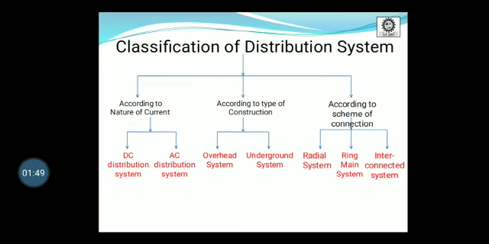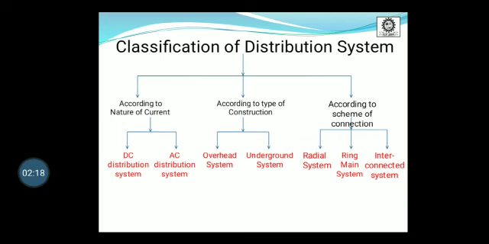Now we see classification of distribution system. Distribution system is classified depending upon nature of current, type of construction and scheme of connection. According to the nature of current, it is classified into DC distribution system and AC distribution system. According to the type of construction, it is classified into overhead system and underground system.